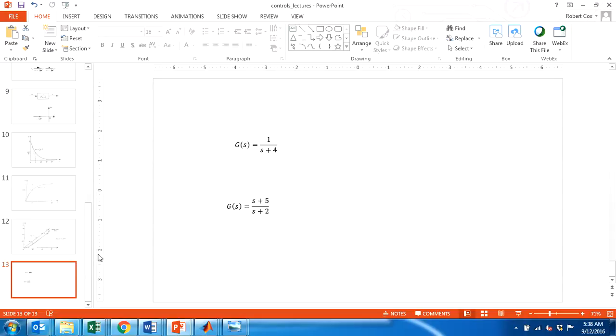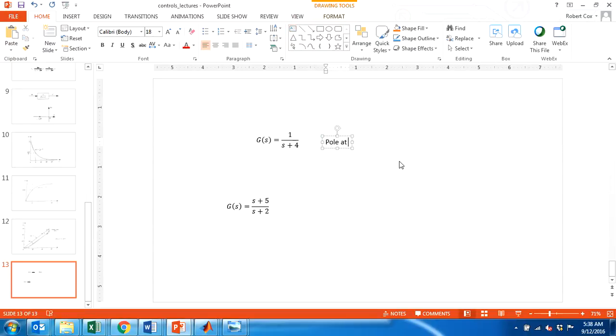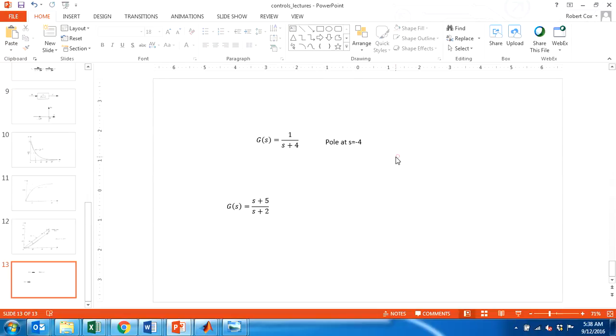Let's say I have this transfer function, 1 over s plus 4. Clearly this has a pole at s equals minus 4.